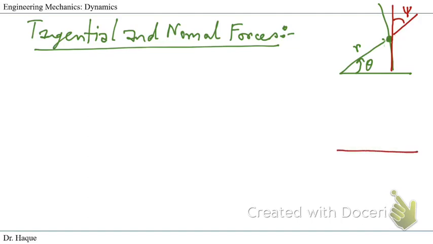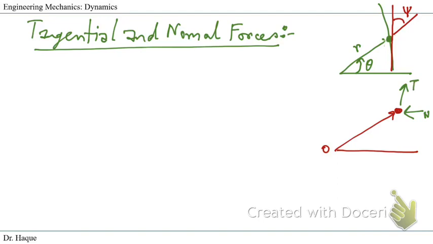For this particle, we know that there is a tangential component, which is in this direction, and then there is also a normal component towards the center of curvature, and this is the tangential component.